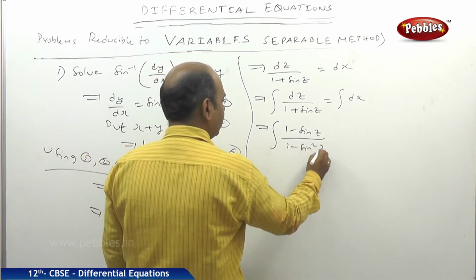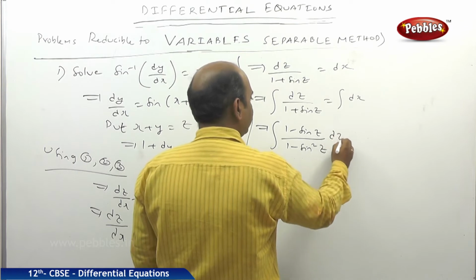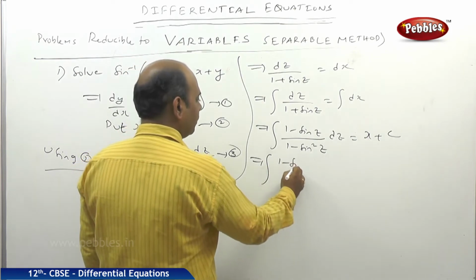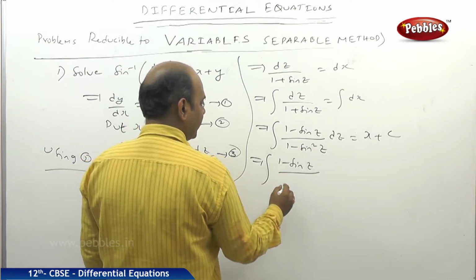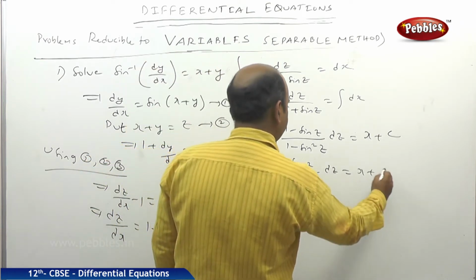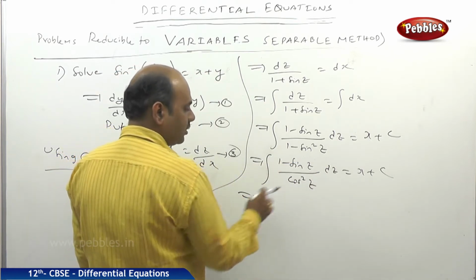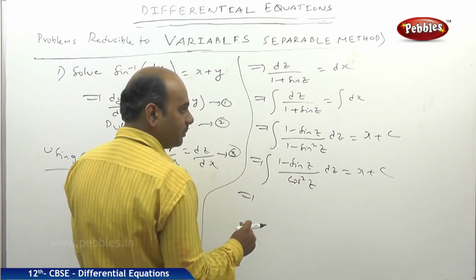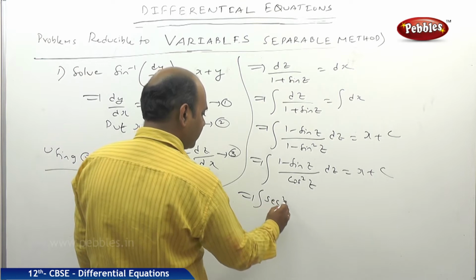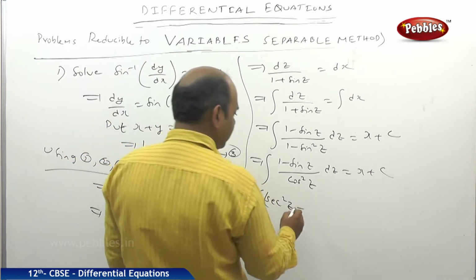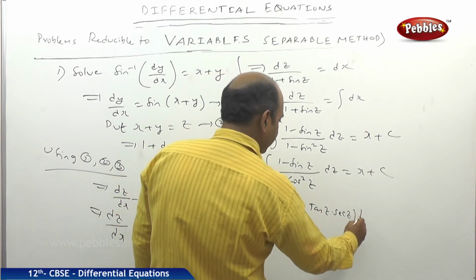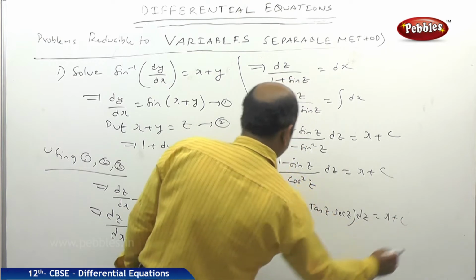That means it becomes the integral of (1 - sin z)/(1 - sin² z) dz equal to x + c. So (1 - sin z)/cos² z dz is equal to x + c. Again here, (a - b)/c means a/c minus b/c. 1/cos² z means sec² z, minus sin/cos means tan z times sec z, dz equal to x + c.